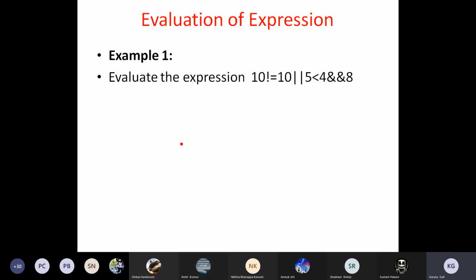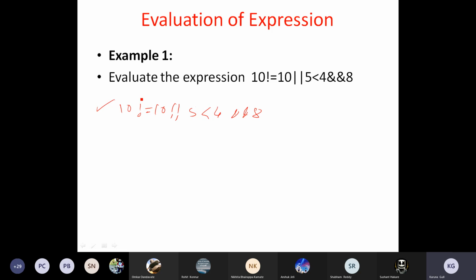You are supposed to solve this: 10 not equal to 10 or 5 less than 4 and 8. This is the thing given to you. Now you have to evaluate the given expression. You already studied the operators and the priority.